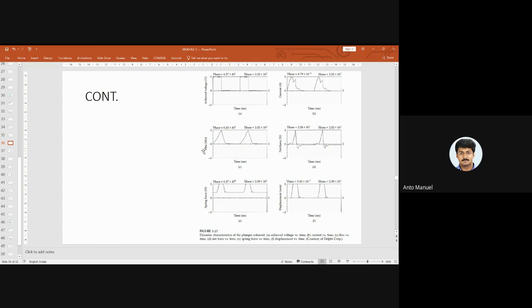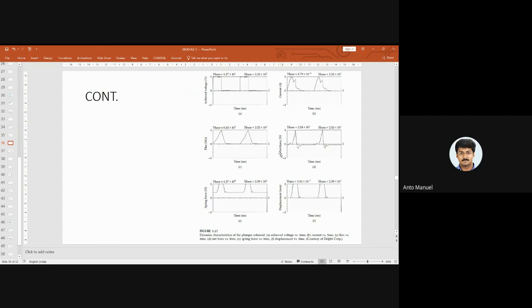The flux changes based on the applied voltage, rising to the maximum and coming down gradually when you remove the voltage. The current also rises to the maximum, then falls to the minimum, and then rises again to a high position before returning to the normal position.